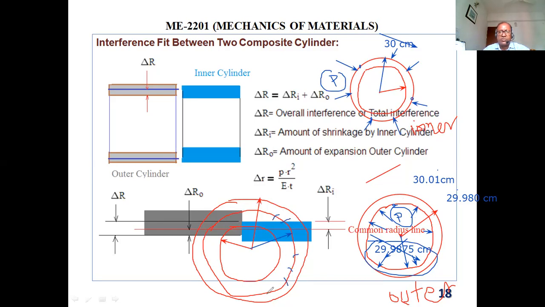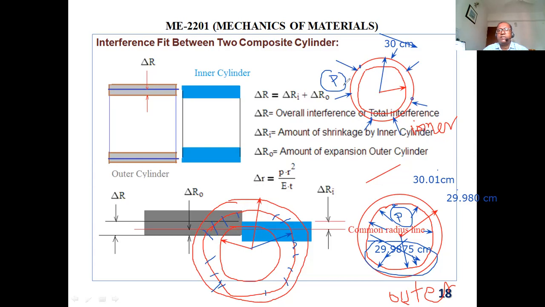And due to this contact pressure, sometimes when you make the assembly, there might develop a crack over here, or it might burst and fail. So you need to make sure that this contact pressure is not that much. So as an engineer, if you like to put some interference, then you need to figure out the amount of interference and how much pressure will develop.